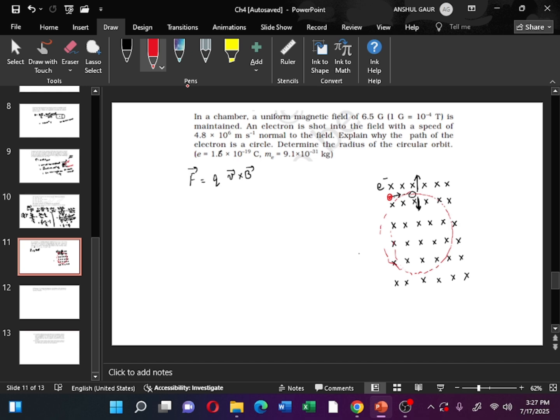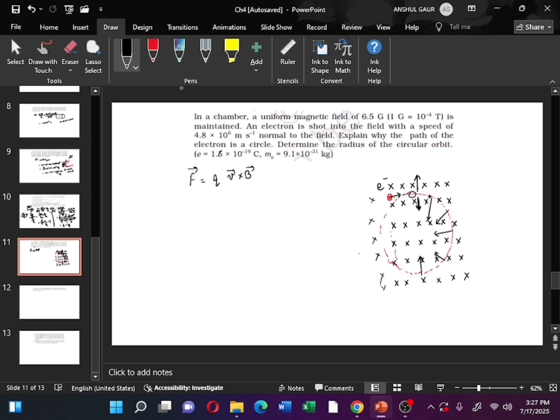As you can see, at every point of its journey the force is always acting towards the center of this circular path. Suppose the region is such that the electron covers the whole circle, then it will move in a circular manner like this. So this is the explanation of the first part, that the path of the electron is a circle.